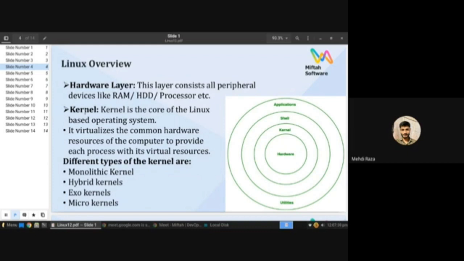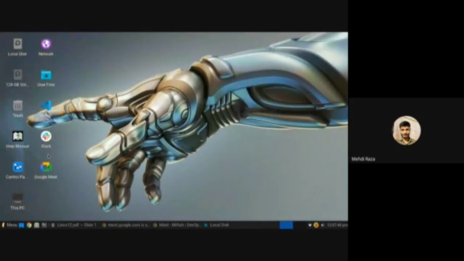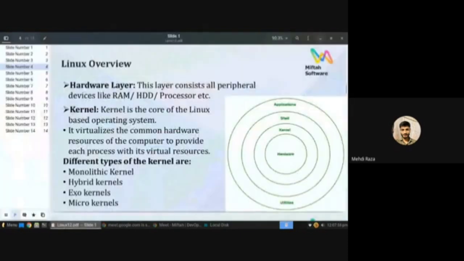It virtualizes the common hardware resources of the computer to provide each process with its virtual resources. Simply put, whenever we use application utilities like Visual Code, Slack, or Meet, we just click on them and use all of those resources.